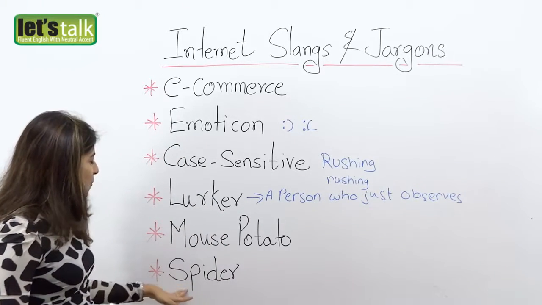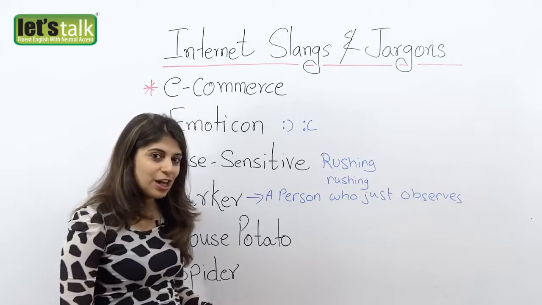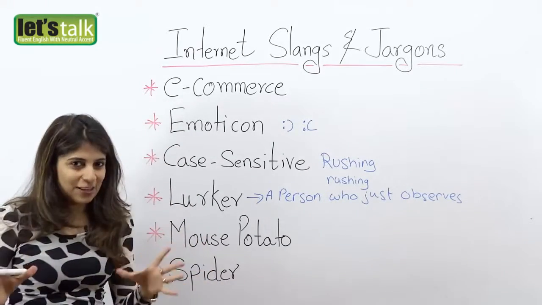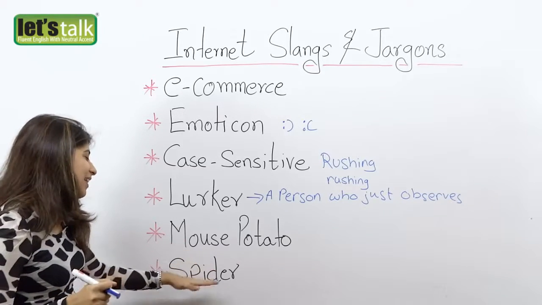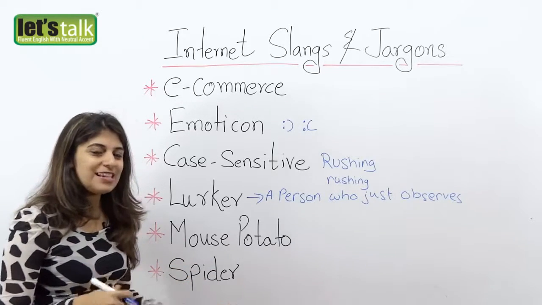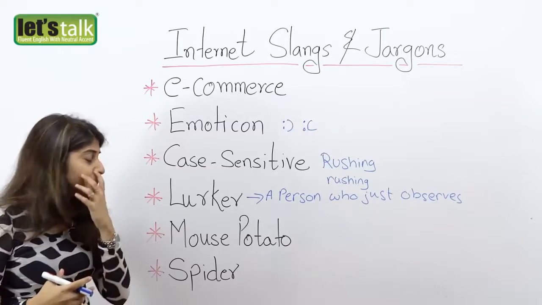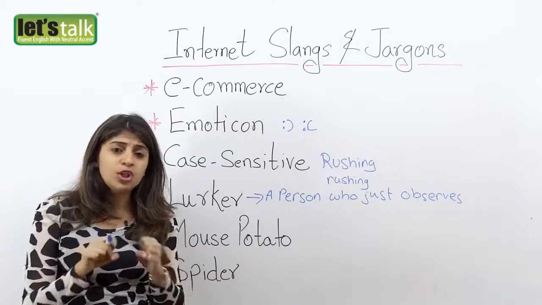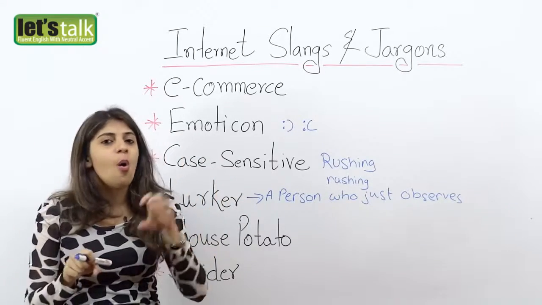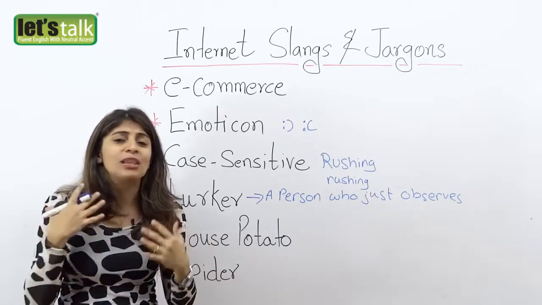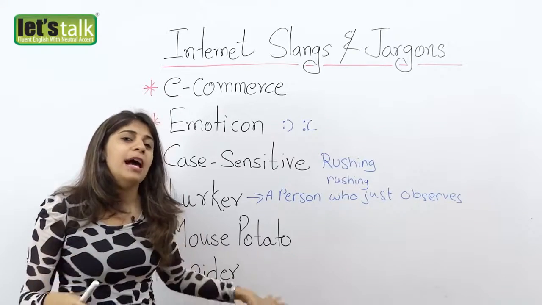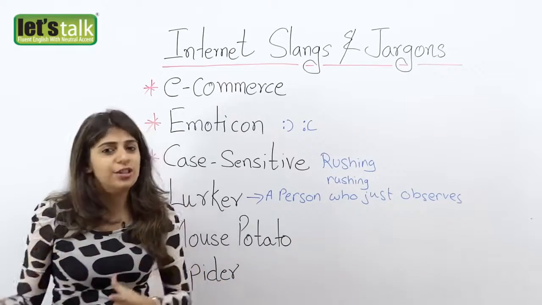And then the last one we have is spider. Spider is not that creepy spider that I'm talking about. It belongs to the internet world. It is a program used by a lot of search engines, which crawls through all the websites, collects all the information, and helps set up an index for the search engines.